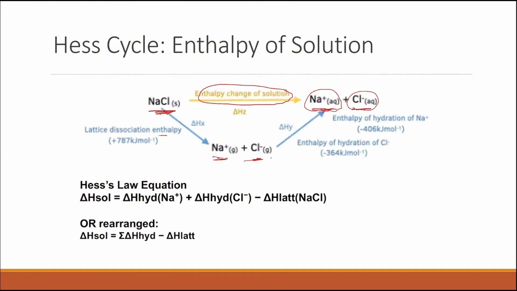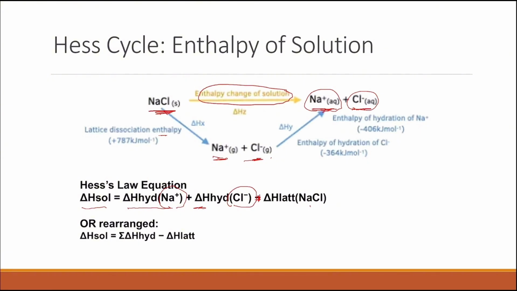Now, route 1 will equal route 2, meaning the enthalpy of solution will equal the enthalpy of hydration of the sodium ion plus the enthalpy of hydration of the chloride ion plus the enthalpy of dissociation of sodium chloride.